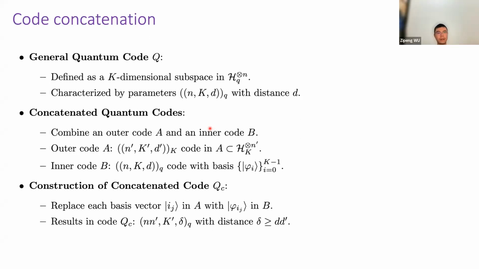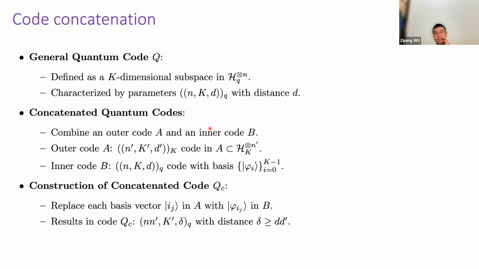For an [[n', k', d']] outer code and an [[n, k, d]] inner code, the concatenated code would be an [[n'n, k'k, d]] code. The code distance will be at least d times d'.